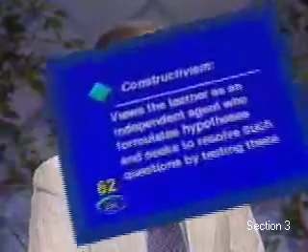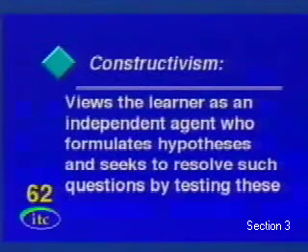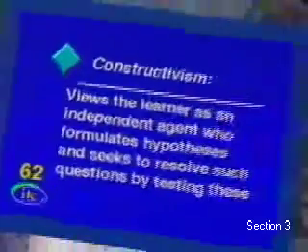This model of learning views the learner as an independent agent who, in his or her experience of objects and events, encounters questions, formulates hypotheses, and seeks to resolve such questions by testing the hypotheses. Resolution of the problem both requires action and may result in action on the part of the learner, which affects his or her immediate environment, leading to new questions and new hypotheses.